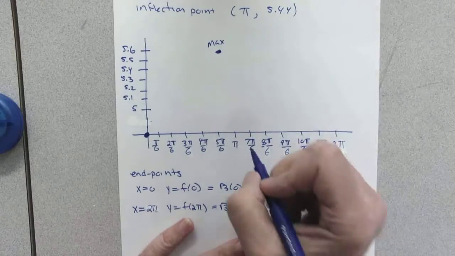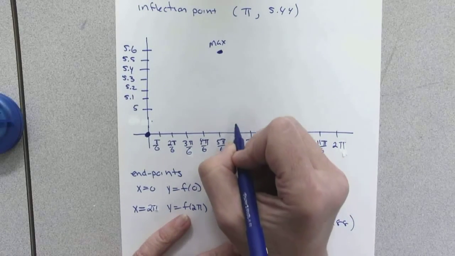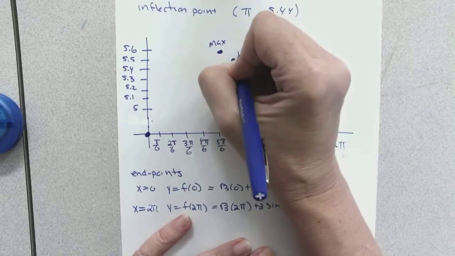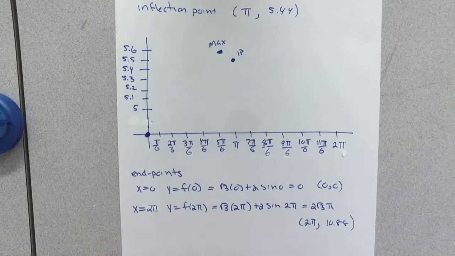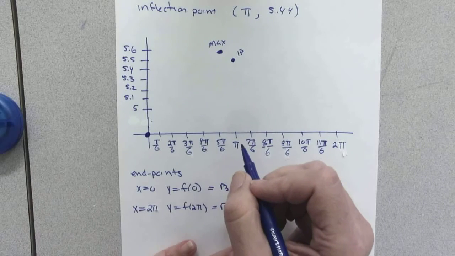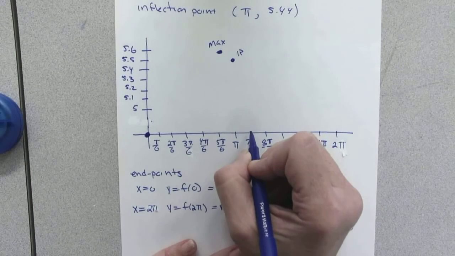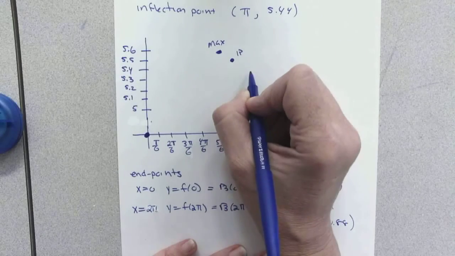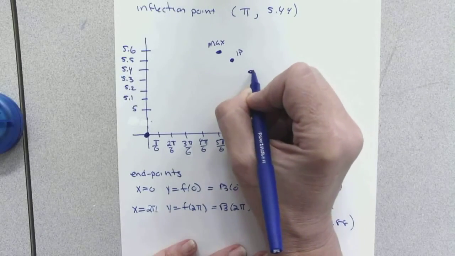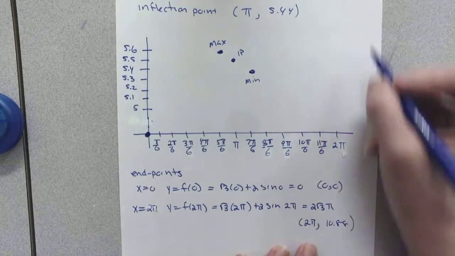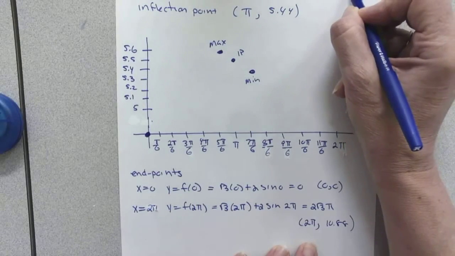We have pi, 5.44, maybe right about there, and that's an inflection point. And we have 7 pi over 6, 3.5, maybe right about there, and it's a min. And then finally we have the last endpoint, 2 pi, 10.85. We'll just stick that clear up there.